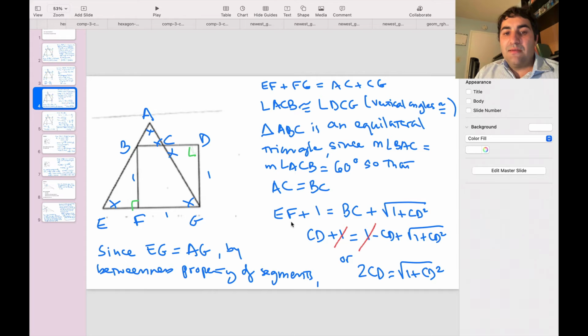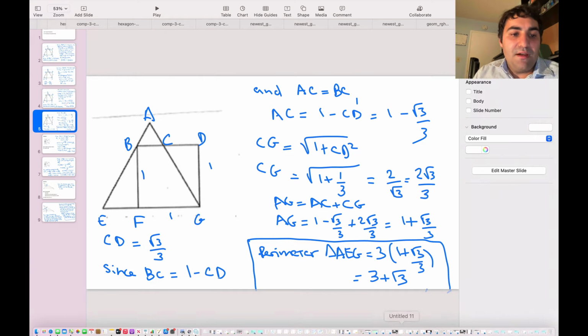So we can substitute CD for EF, and we can also use the fact that the length of side BD, which is the side of the square, is 1. So the length of BC is going to be equal to 1 minus the length of CD. So if we substitute and simplify, we get 2 times the length of CD equals the square root of 1 plus the length of CD squared.